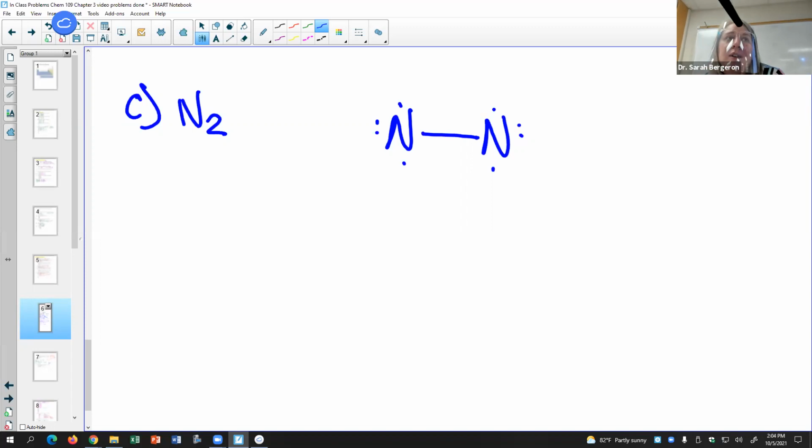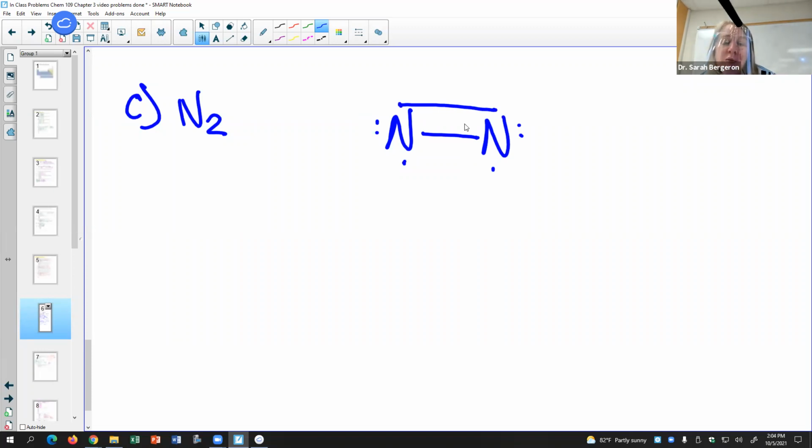Am I done? No, why not? I still don't have complete octets around my nitrogen. So the bond counts as 2, 2, 3, 4, 5, 6. I only have 6 electrons. So what am I going to do? Create another bond.